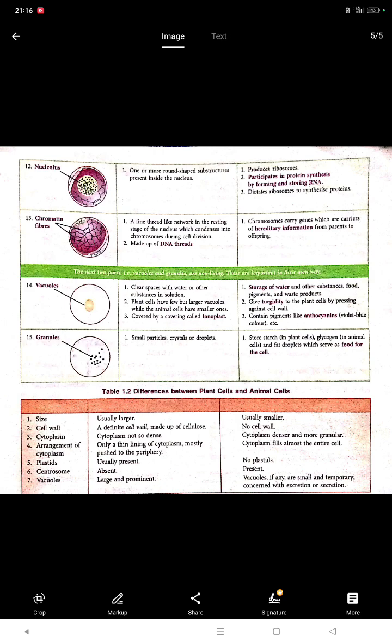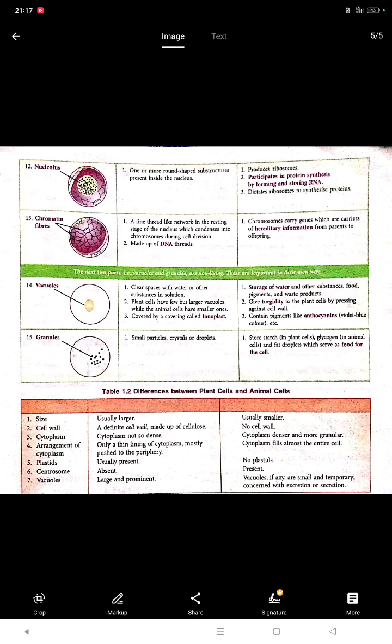And what are the functions? Produces ribosomes. What is meant by that? It produces ribosomes, and participates in protein synthesis by forming and storing RNA, and dictates ribosomes to synthesize proteins. It tells ribosomes to produce proteins.